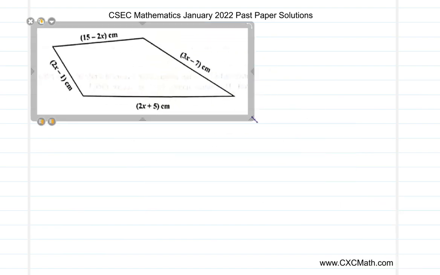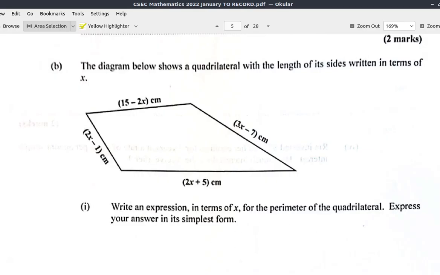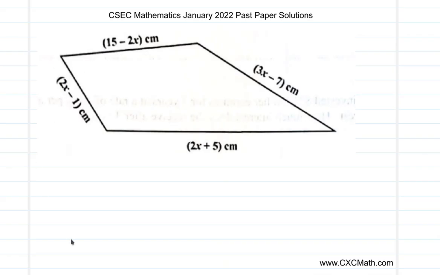So they say the perimeter. Remember, the perimeter is the distance right around. So let us start from this point. We go here. That's going to be 15 minus 2x.